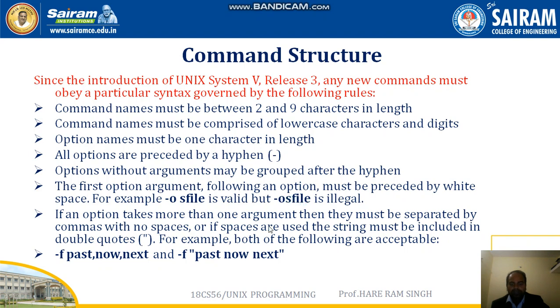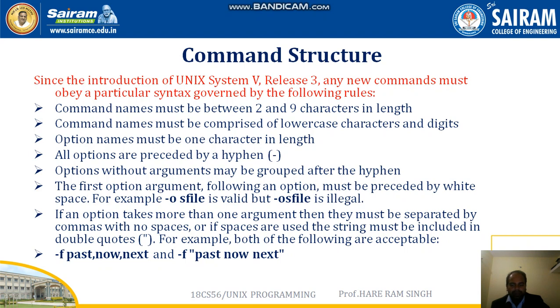If an option takes more than one argument, then they must be separated by commas with no spaces, or if spaces are used, the string must be included in double quotes.